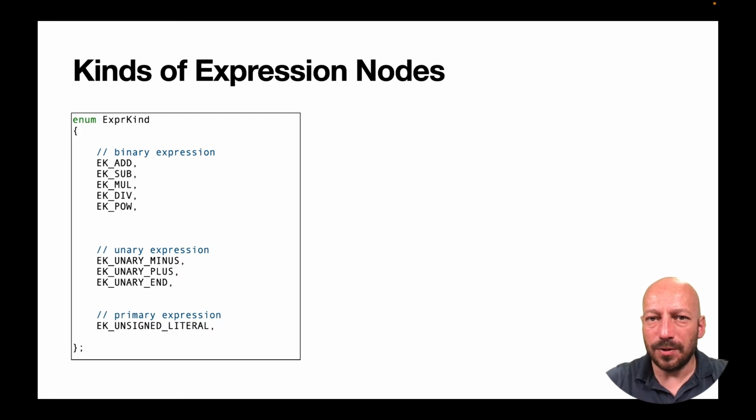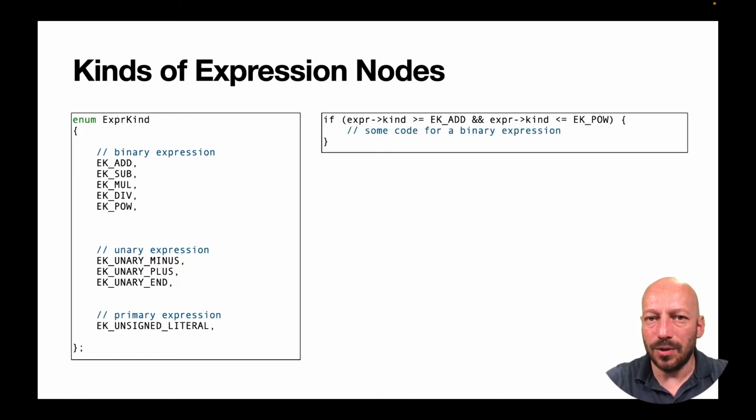You have one group of expression nodes that have exactly 1 child node, and you have one group where you do not have any child node at all. And if you group them like here, then you have integer ranges for these enum constants that do not have any gap. And that means you can use a code like this here for making sure that it only gets executed if you have 2 child nodes.